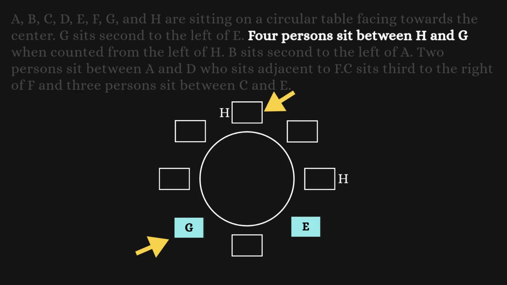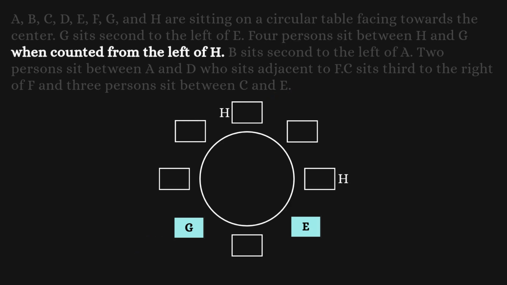The next statement says that we have to count from the left of H. So in this position, since he is facing towards the center, left side of H is this way. 1, 2, 3 and 4 people. That means the position of H is fixed here.